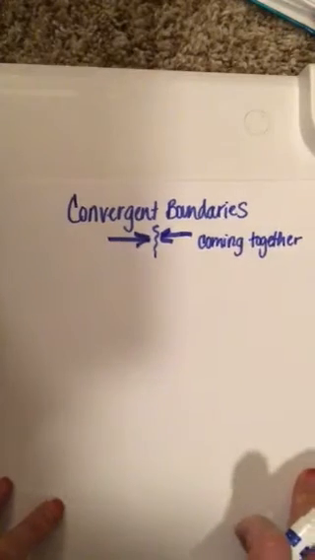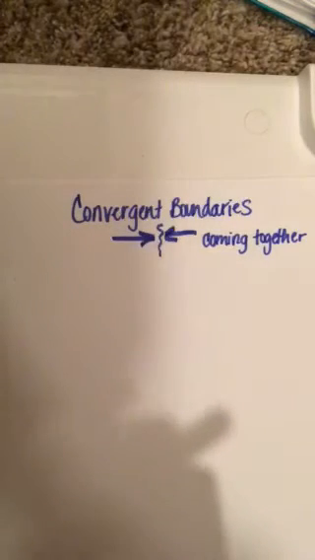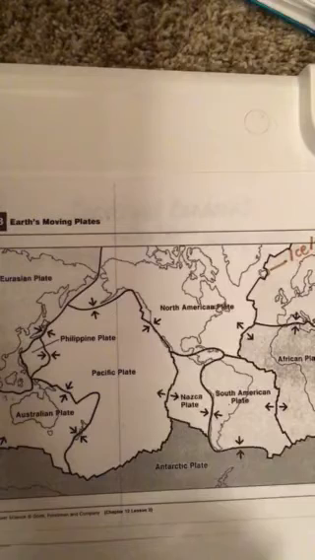So we want to know where this is taking place on our surface, and we also would like to know what type of landforms are formed as a result of this. But first, let's take a look back at our plates map real quick to see if we can identify some of those locations we'll be talking about today.